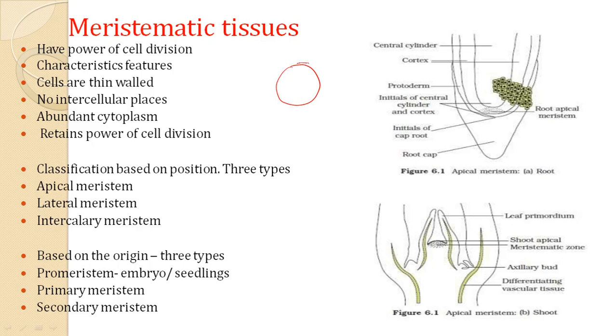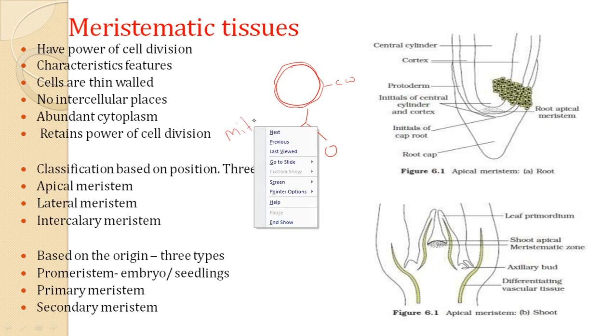There is a very thin layer around it, and this thin layer is called the cell wall. Why is it thin? Because these cells continuously divide and produce new cells. That is, mitosis takes place. The process of mitosis is found in the meristematic tissue.